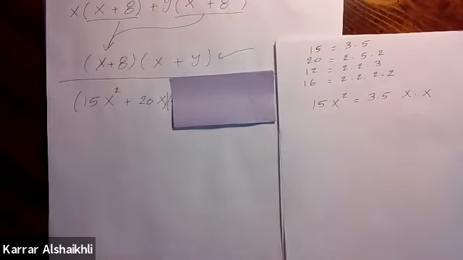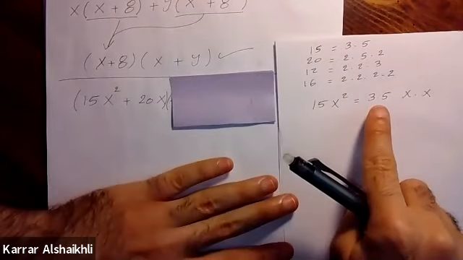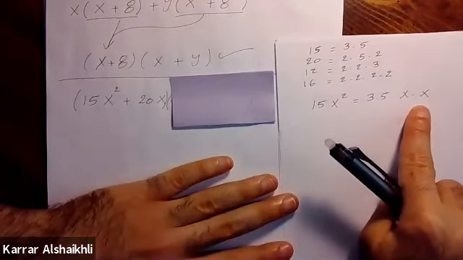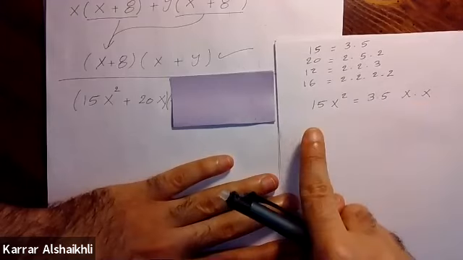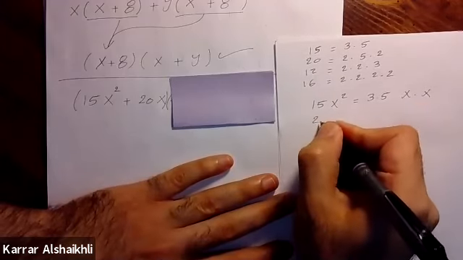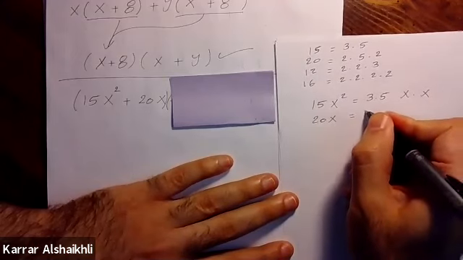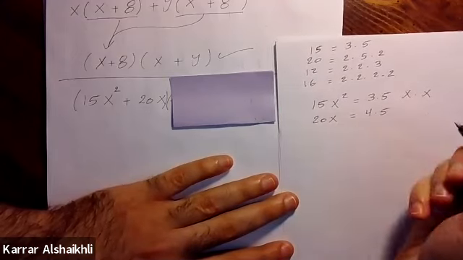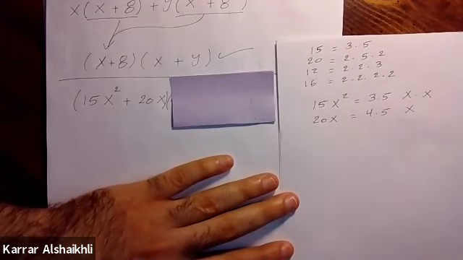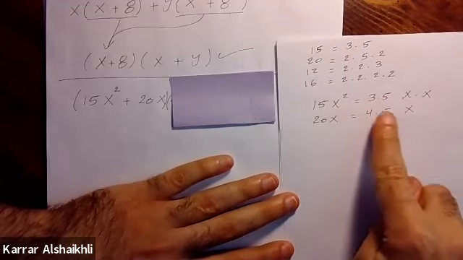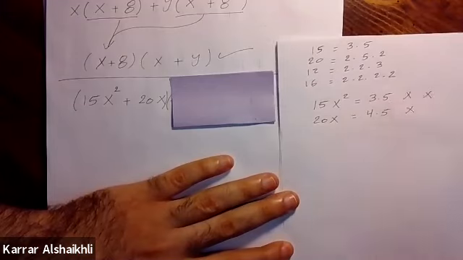And the 20x, you see, I did the numbers and the variables at the same time. 20x is 4 times 5, and here is the x. Who's going to tell me what's the common factor with numbers and what's the common factor with the variables?